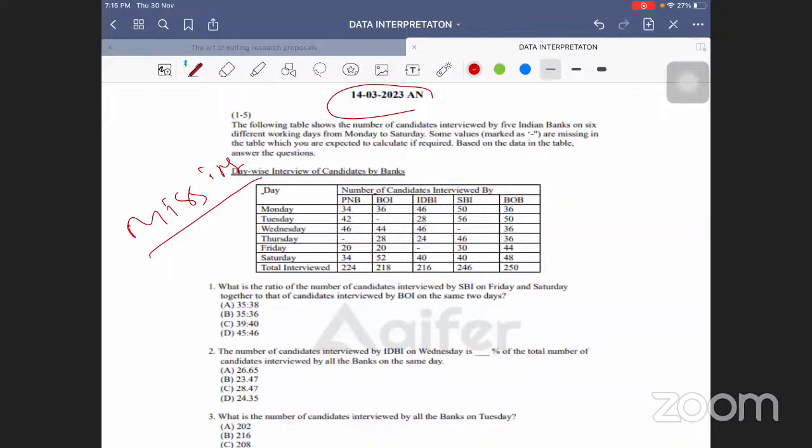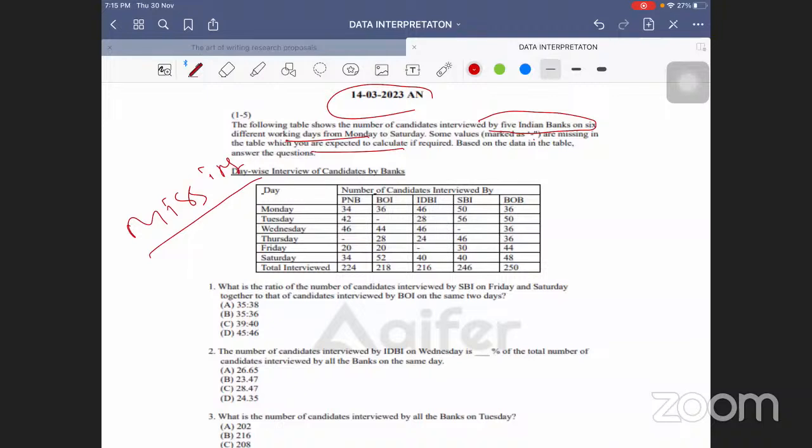So first, the following table shows the number of candidates interviewed by 5 Indian banks on 6 different working days, Monday to Saturday. Some values are missing, so we need to find them.